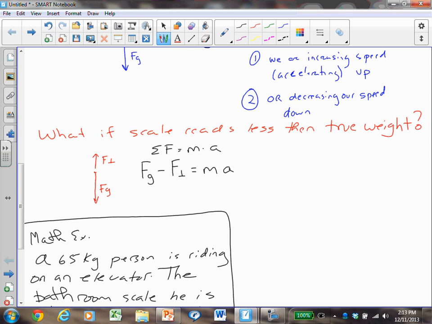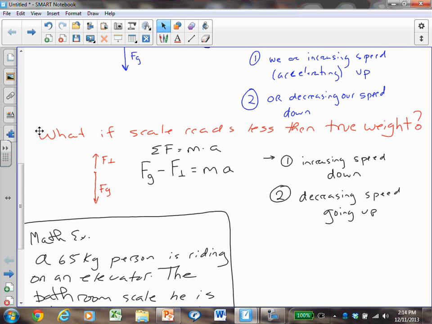We can have a downward acceleration if, one, we're increasing our speed down, or two, if we're decreasing our speed going up. Both cause a downward acceleration.